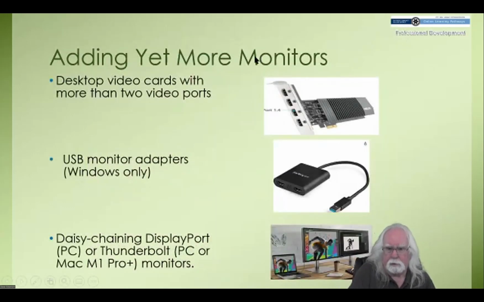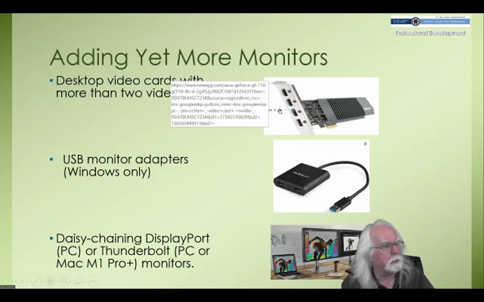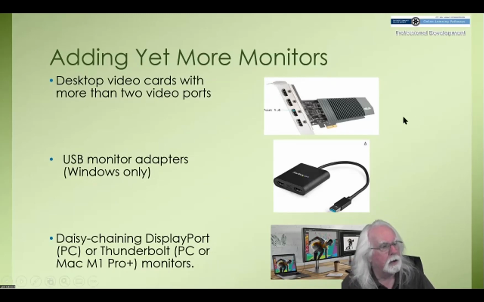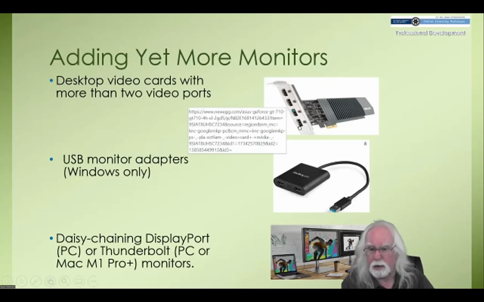Before I do that, let me just mention that you can get more than 2 monitors on a system, and the more the merrier, the more options you have. As I showed you early on, I've got 4 native monitors on my primary system that I use for these Zoom meetings. One way to do that, and the way that I was fortunate enough to be able to do it, was to buy a computer with a video card that had more than 2 connectors on it, like this one.